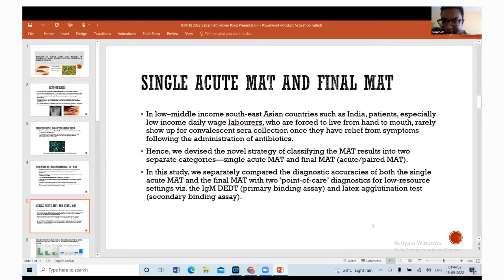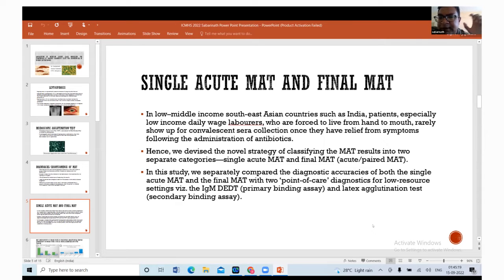So we have devised a novel strategy of classifying MAT results into two separate categories. First is the single acute MAT, and second is the final MAT. Single acute MAT by definition is a single serum collected in which the MAT titer is 1:400. While final MAT includes both the single acute MAT and paired MAT.